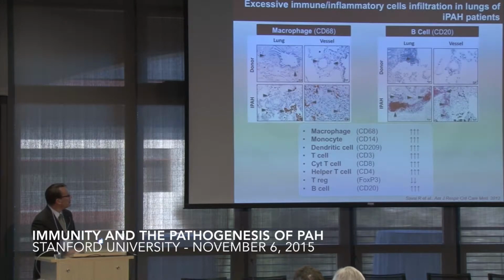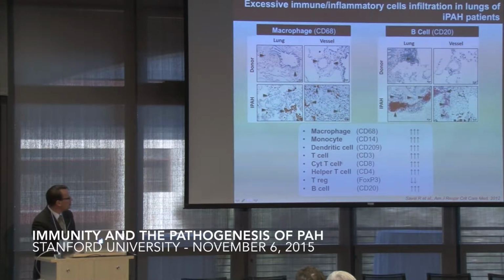inflammation is present. And the paper by Savai, which has been presented by Marc before, clearly shows that most of the inflammatory players are overrepresented around or inside the remodeled pulmonary arteries in PH. Increased numbers of macrophages. Rubin presented that in 1994, and now everybody can confirm it's true.